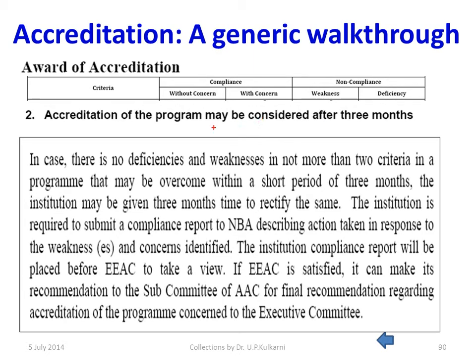The accreditation of the program may be considered after 3 months, provided there is no deficiency and weakness in not more than two criteria in a program that may be overcome within a short period of 3 months. The institution may be given 3 months time to rectify the same.